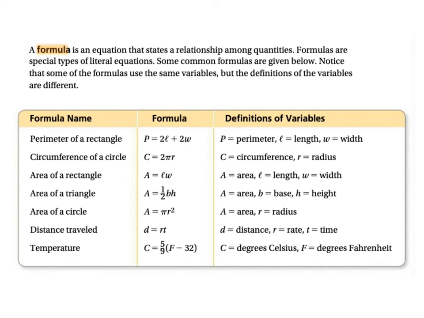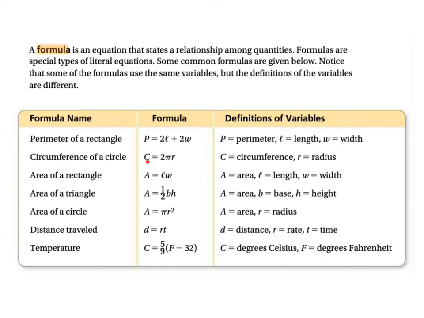And some use the same variables, but maybe the definitions are different. Like here you have A for all of them, area, that's fine. But somewhere else you might have C here, for example, is degrees Celsius, and here C is circumference. So that's kind of what they're talking about.